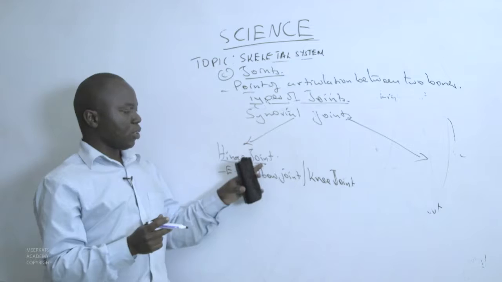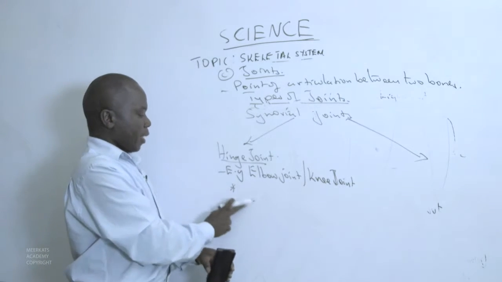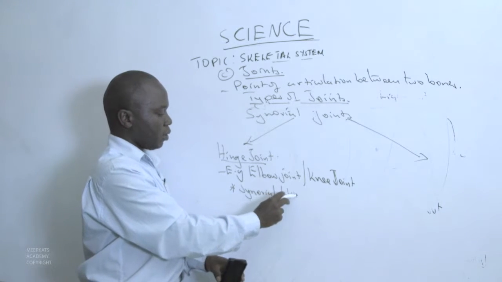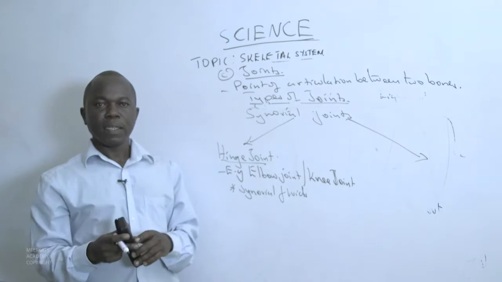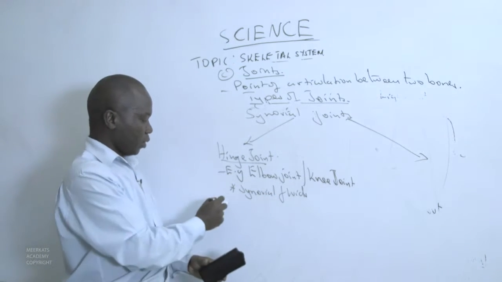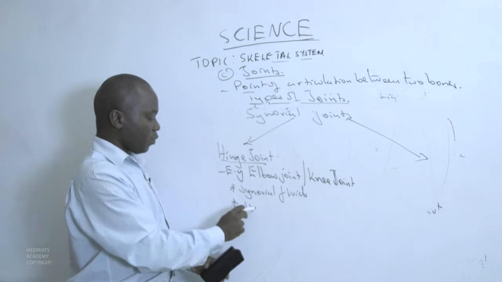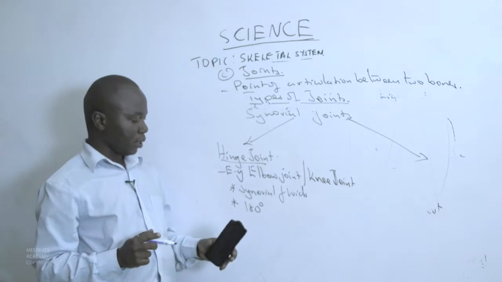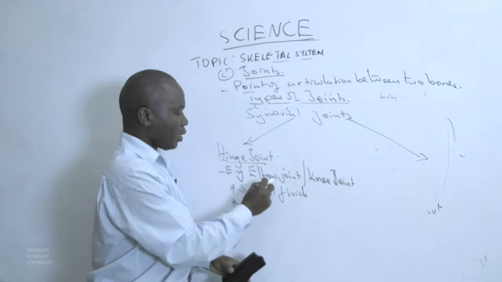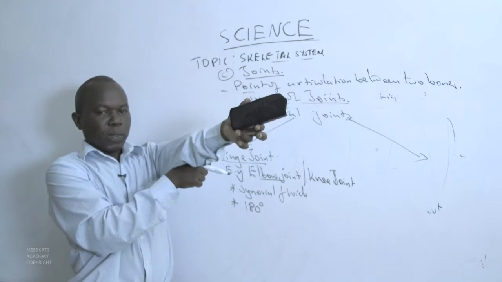So one characteristic of hinge joint, as we have already said, it has synovial fluids, which we have given the characteristics or the roles of. And then the movement. This joint moves through 180 degrees. Just like the elbow. Elbow can only move through 180.